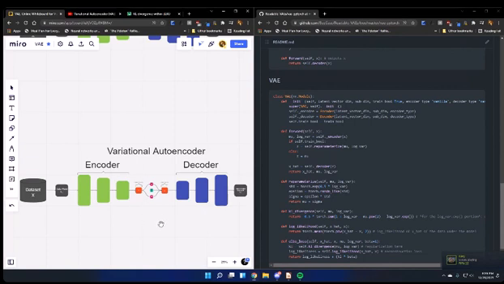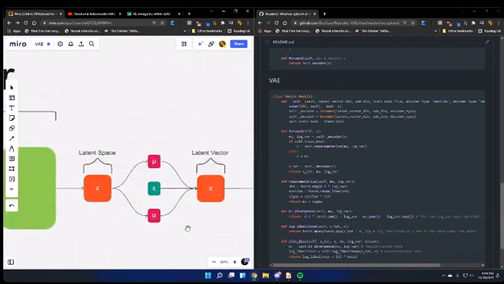Within the reparam trick, which is really described by epsilon, the purpose is that we have built a Gaussian using mean and variance, and then sample from that Gaussian to be the input into the decoder.